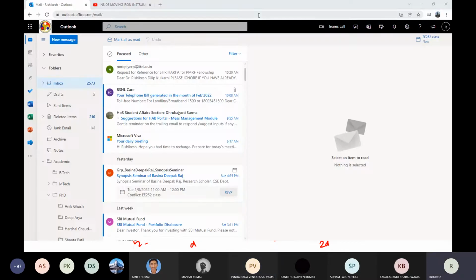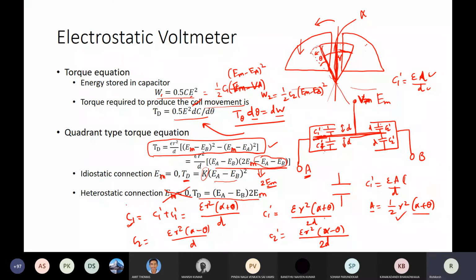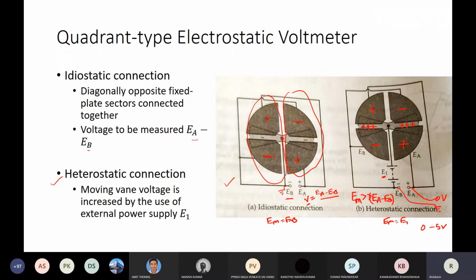Okay, fine. Thank you. So in the case of heterostatic connection, I was mentioning that due to the utilization of this EM, that is this connection, I'm utilizing EM as E1 in this case, which is at much higher potential in comparison to the potential of these four disks.